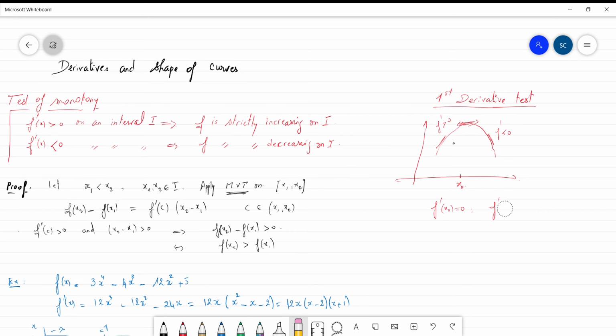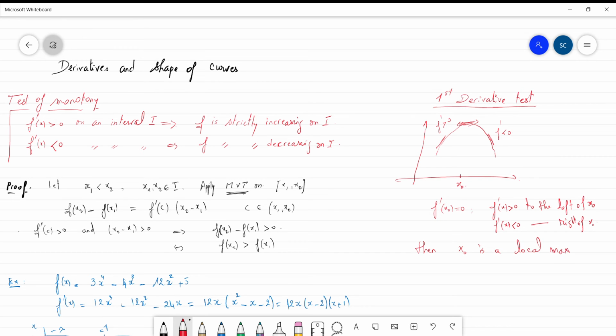I prefer to understand what is happening. So f prime of x is positive to the left and f prime of x is negative to the right of x0, then we can say that x0 is a local maximum.